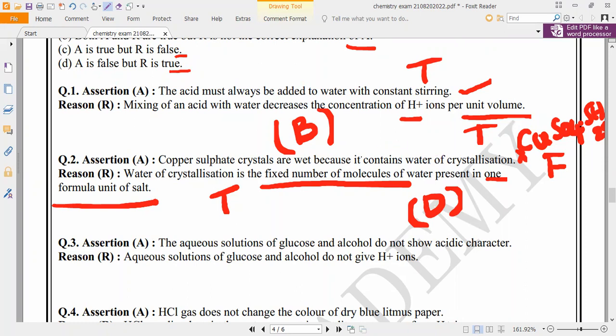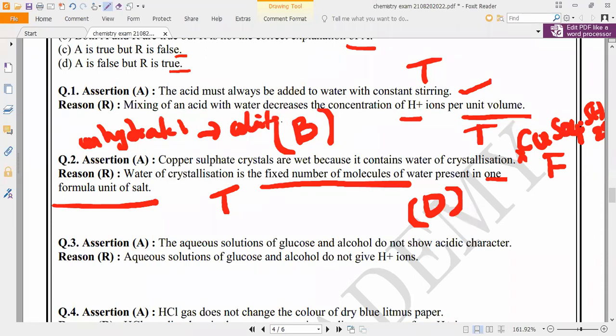Next, copper sulfate crystals always already contain water of crystallization. It is not because they are wet in nature. Remember that, and be careful. So, sir, how do we identify whether copper sulfate contains water of crystallization or not? Remember, if the water is removed, we call it unhydrated, and the color will be white.